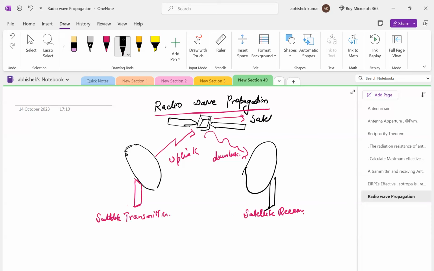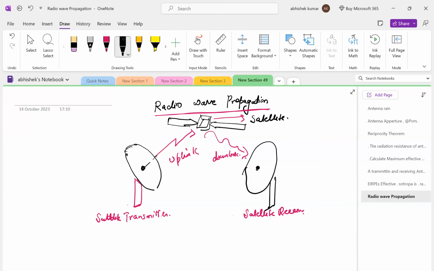So what is happening? The signal is sent from this transmitter and goes to the satellite, which is the uplink. After that the signal is down converted and received here.